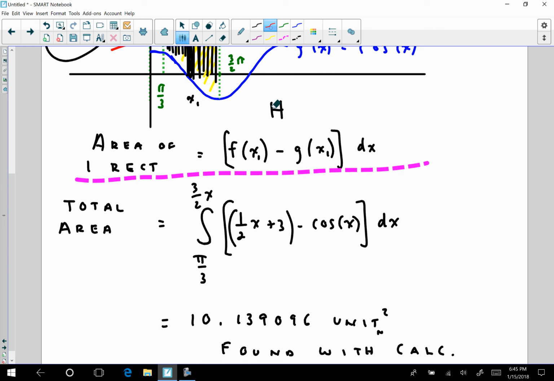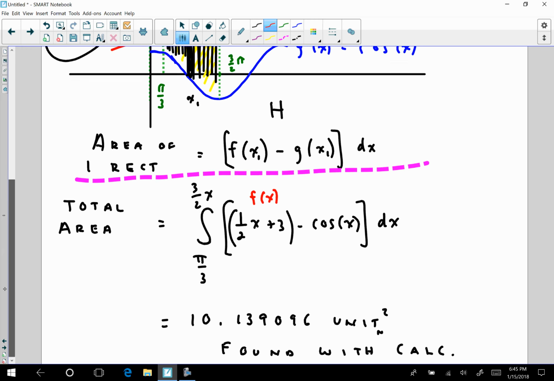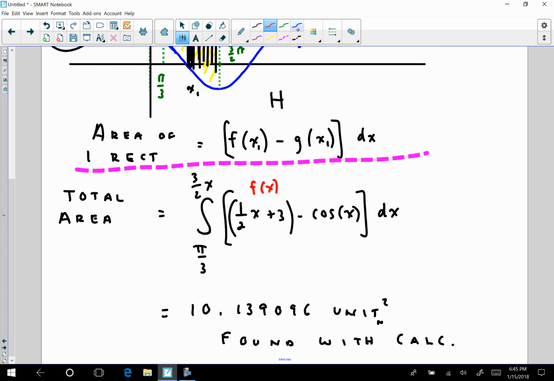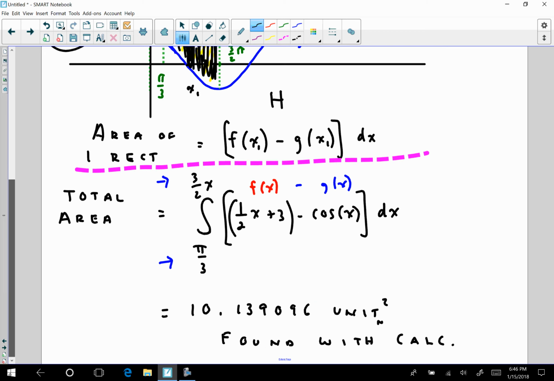I want f of x, which is the top function, this 1/2 x plus 3, minus the bottom function, which is cosine x, and I want that from pi over 3 to 3/2 pi. Make sure that you sketch the area. This is the area that I desired right here. So this is my integration.